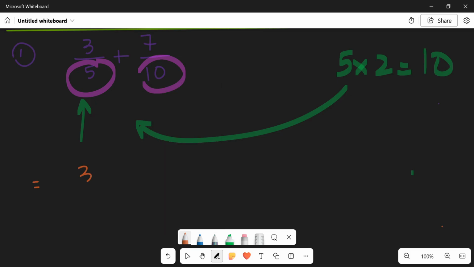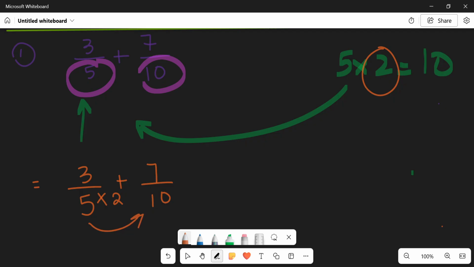This is 3 over 5 plus 7 over 10. So I'm saying that when you multiply 5 by this 2, you will get 10. So automatically this 5 is equivalent to 10, right?